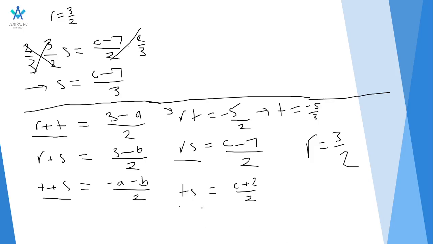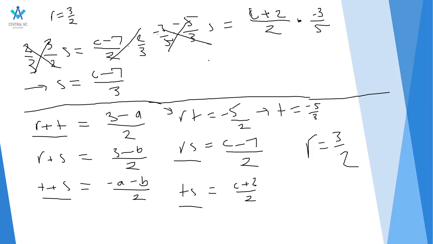And from the third equation over here, we know what t is, so this gives us that negative 5 thirds s is equal to c plus 2 over 2. So we just multiply by negative 3 fifths, and those cancel, and then times negative 3 fifths, which gives us that s is equal to negative 3c minus 6, oops, I can't multiply.